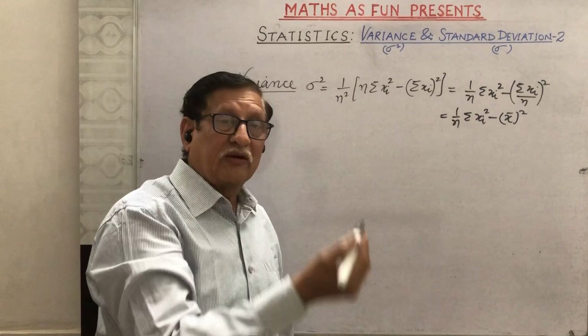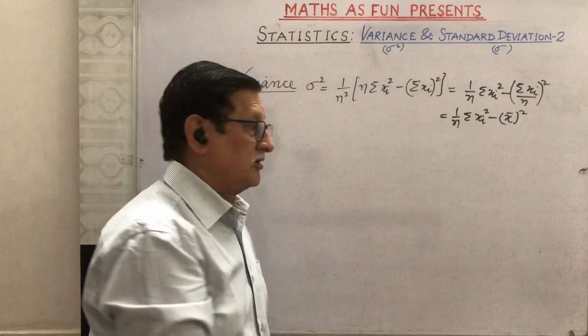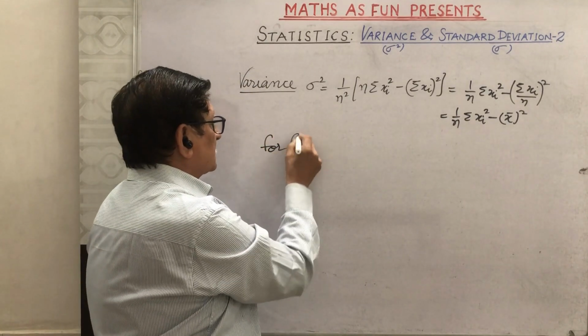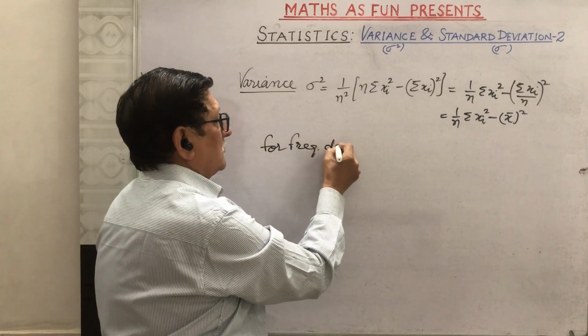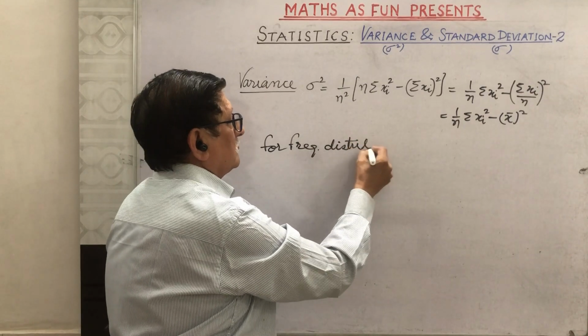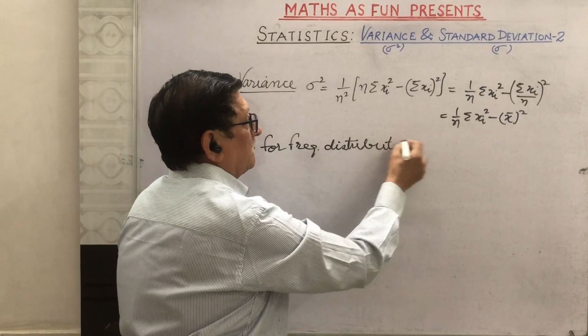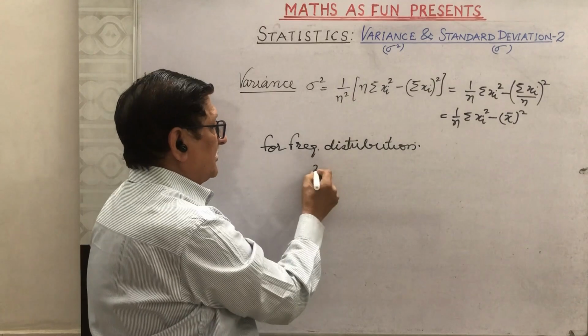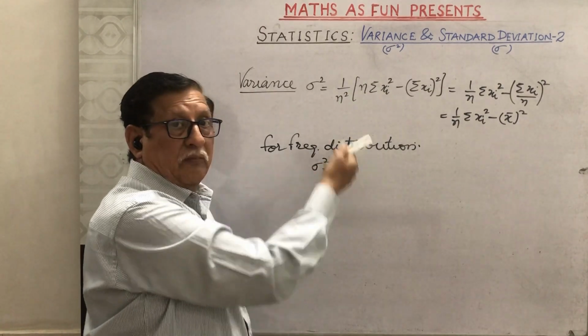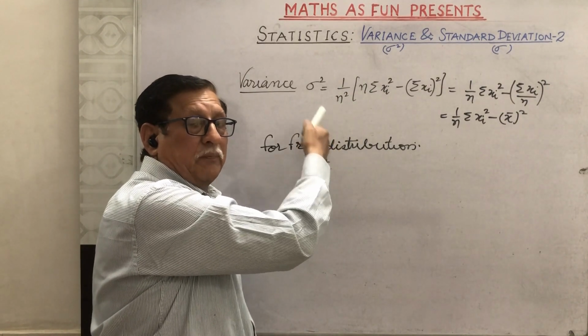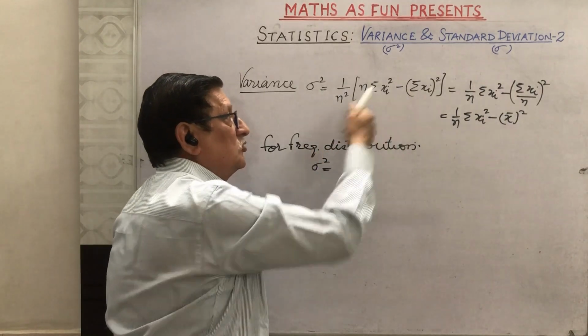Now in case we are given the frequency distribution, for frequency distribution, the same formula for sigma square can be changed by multiplying the frequency with these two.